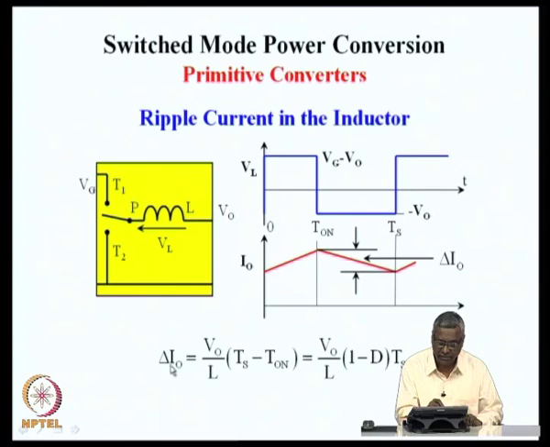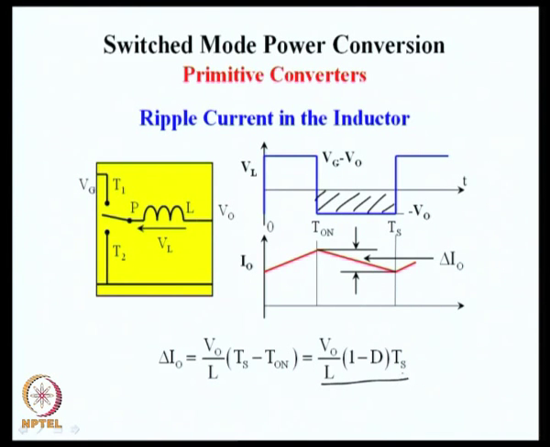The change in current is the integral of this voltage, which is nothing but the area under this curve, which is V naught into Ts minus T on divided by L. That will be delta I naught, given here as V naught by L multiplied by 1 minus d into Ts. The integral of the voltage across the inductor is used in order to evaluate delta I naught.